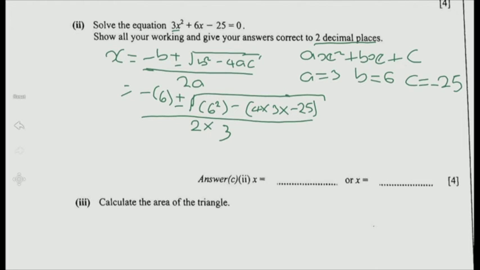Then working out the value under the square root. You can use your calculator to work out 6 squared minus 4 times 3 times negative 25.